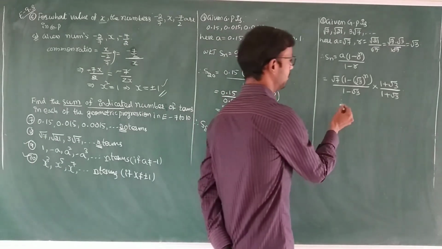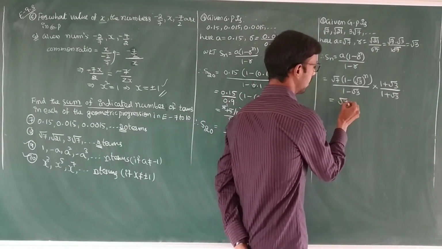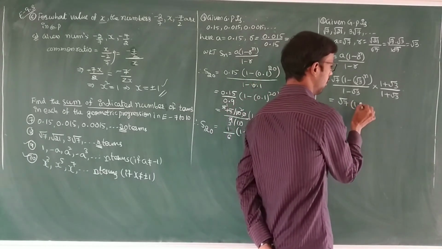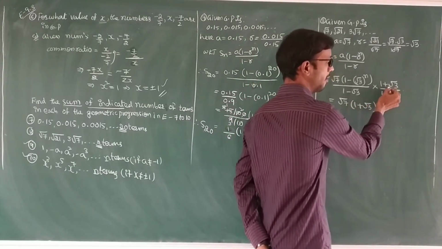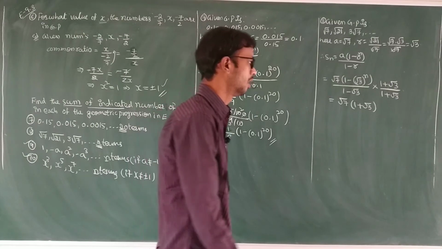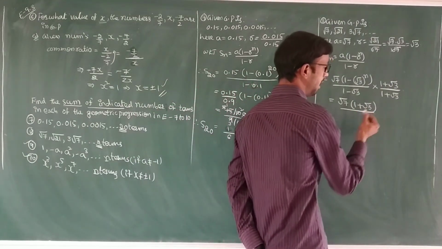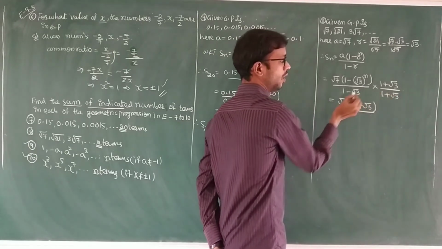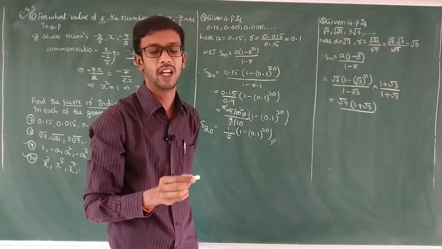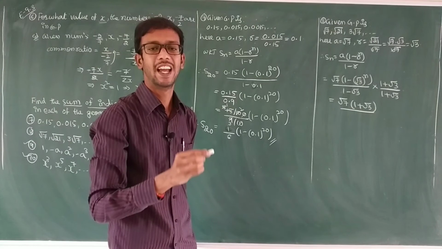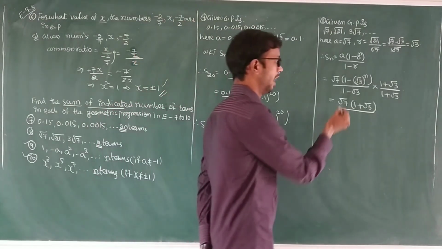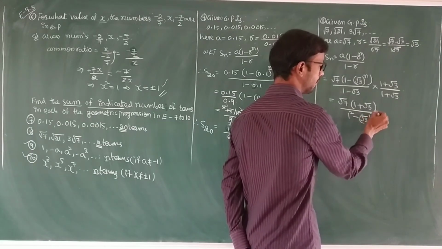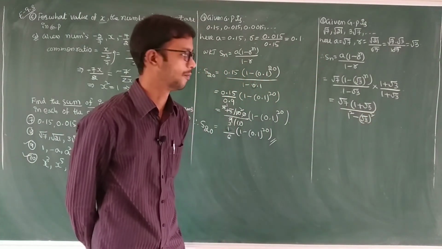So now root 7 into 1 plus root 3, first I am writing this value, divided by: a plus b into a minus b formula is a square minus b square, so 1 square minus root 3 square.